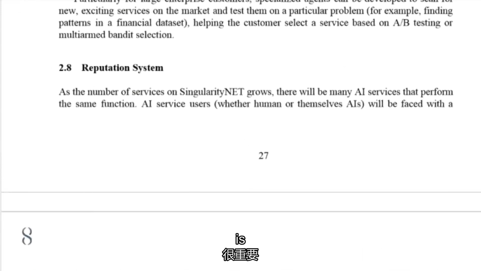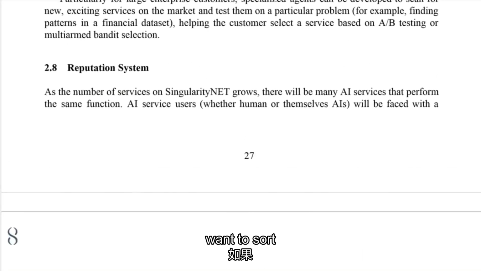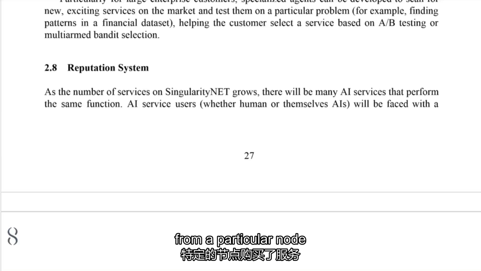The reputation system is important because if you want to find agents that perform well, you can rely on reputation. So if a lot of people have bought services from a particular node in the past and they rate it high, then you can trust that node more than if a node is lower rated or has dissatisfied customers.